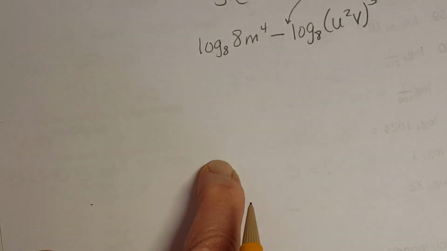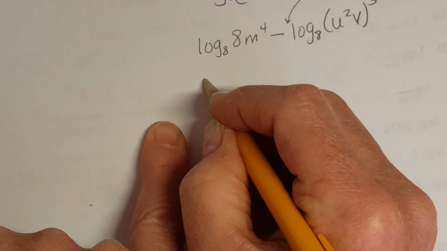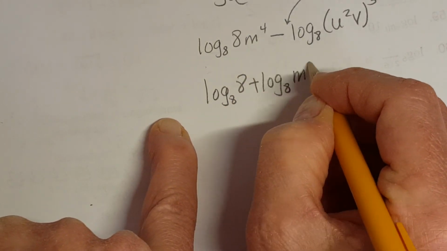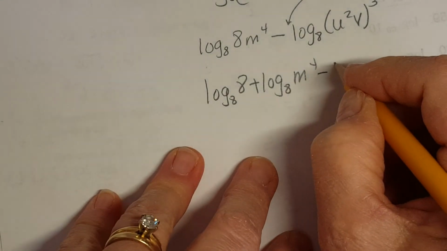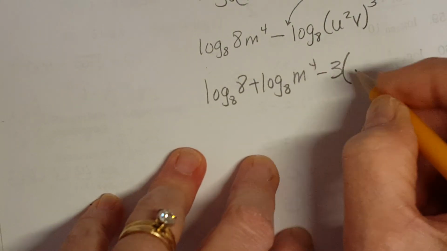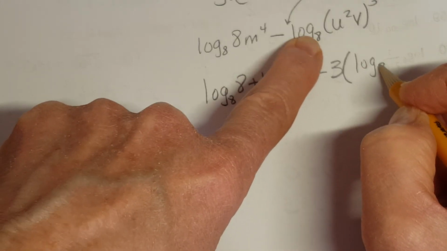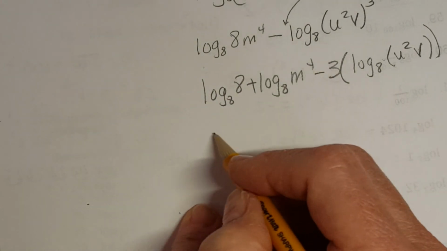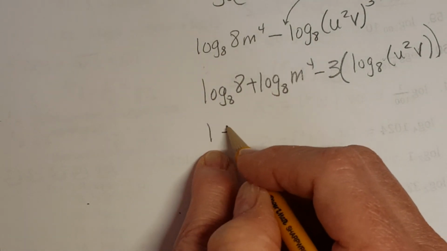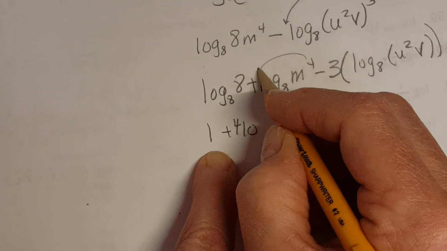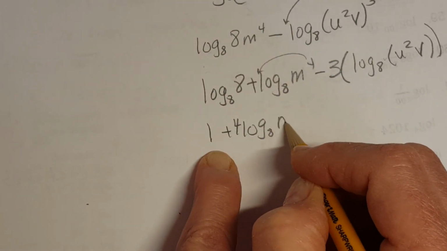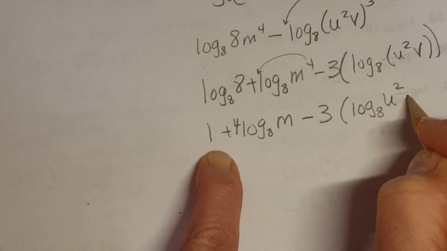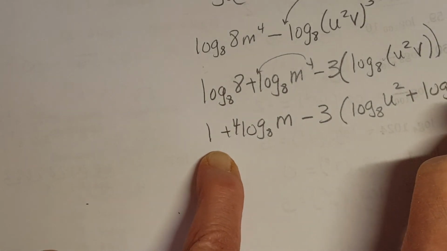You could distribute it into these separate powers. This first one's going to separate to log base 8 of 8 plus log base 8 of m to the 4th minus 3 times log base 8 of u squared v. And then if I continue, log base 8 of 8 is 1 plus, putting the 4 out front, 4 log base 8 of m minus 3 times log base 8 of u squared plus log base 8 of v.